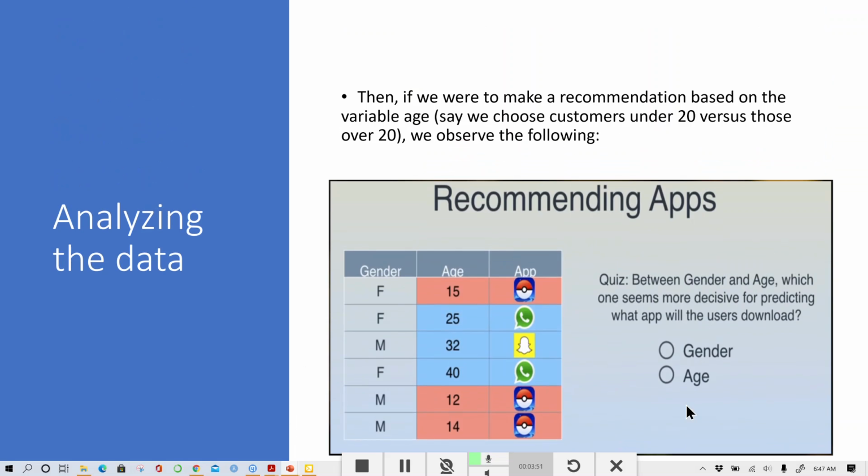What about for age? What did we recall? We said if we were to make a split of age where we talk about customers who are under 20, that is 15, 12, and 14, all of them downloaded Pokemon. That was very decisive, you may say.